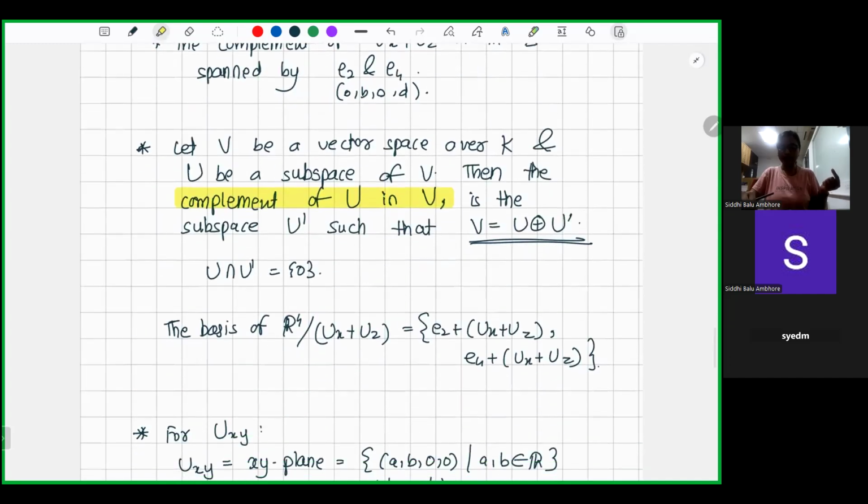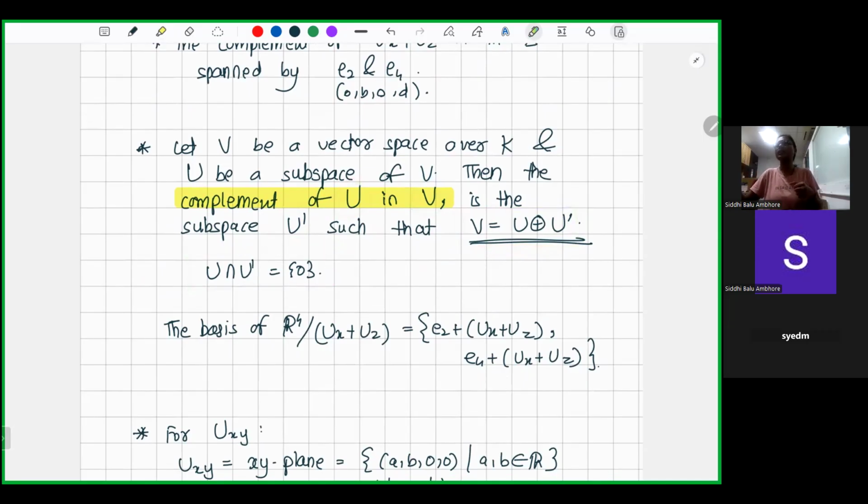So what that means is different from the normal complement which we have in set theory. When we say a complement of a subspace in a vector space, it means a subspace U dash such that V can be written as the direct sum of U and that subspace. So we say that U dash is a complement of a subspace U in V if V is a direct sum of U and U dash, and their intersection will be 0.